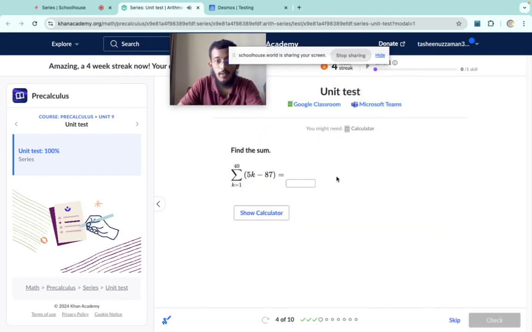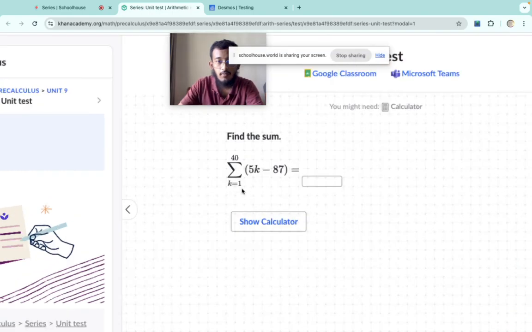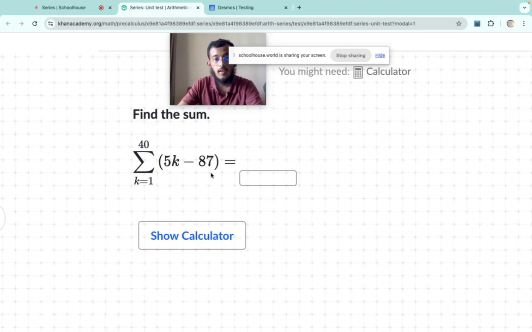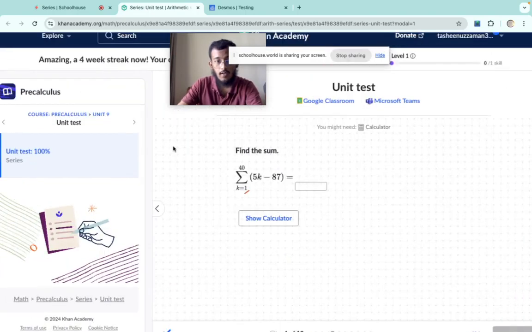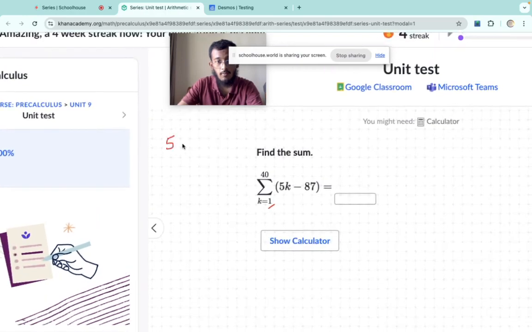There we go. Okay, for this one, find the sum of 5k minus 87 from k equals 1 up until 40. If we plug in k equals 1, we get 5 minus 87, which is -82. That is the first term.